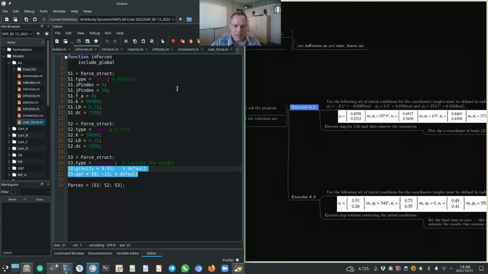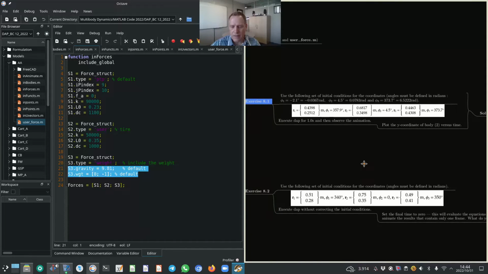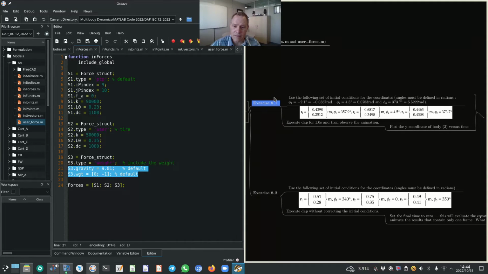But be that as it may, I'm not going to go through the other input M files. You're welcome to refer back to lecture 5 where we discussed all those input M files. I just want to refer us to exercises, actually only exercise 8.1. The objective of exercise 8.1 and then 8.2 was to illustrate and emphasize the importance of correcting the initial conditions.